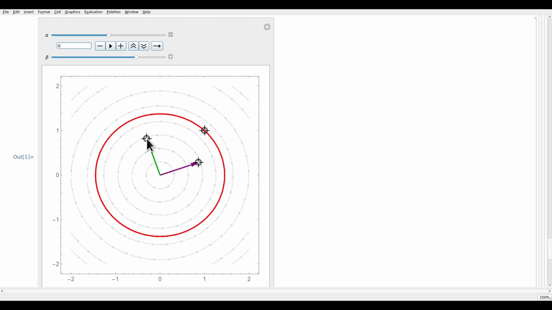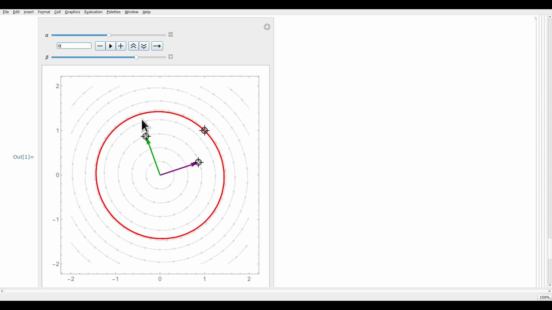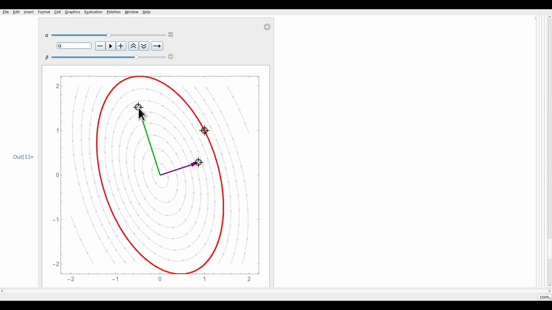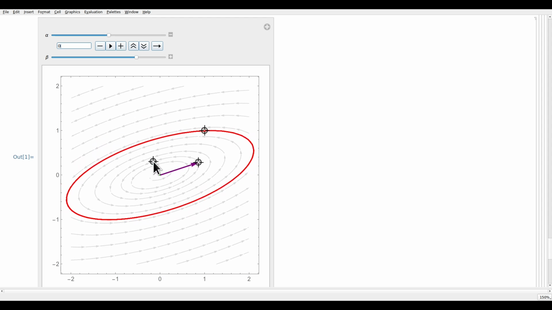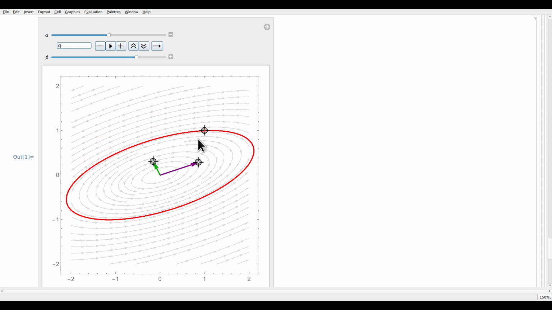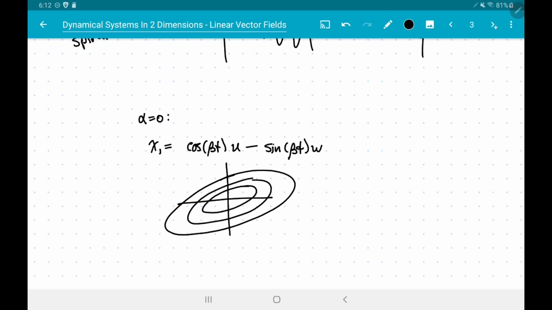Or sorry, I should say the real and imaginary components of the eigenvectors control how eccentric the ellipses are. So here they're almost the same magnitude, and here one of them is very long and the other is very short, and you can see that that controls the eccentricity of the ellipses. Something like this is called a center.